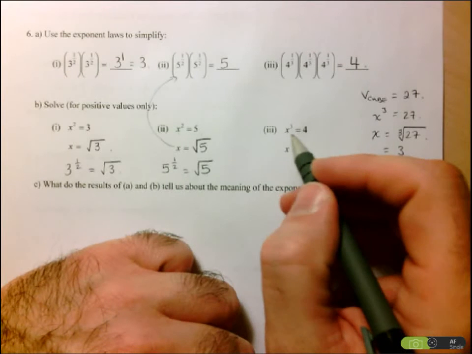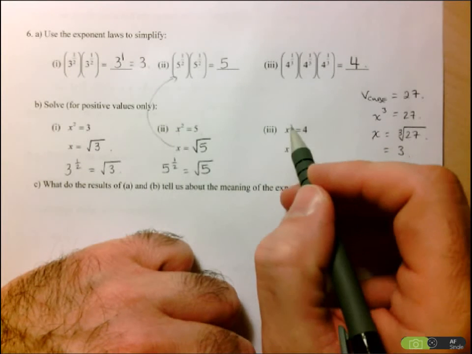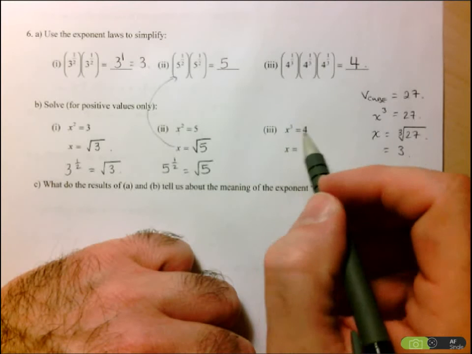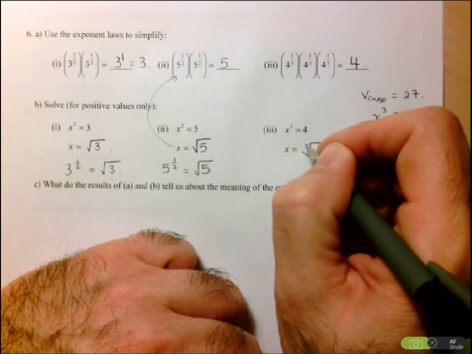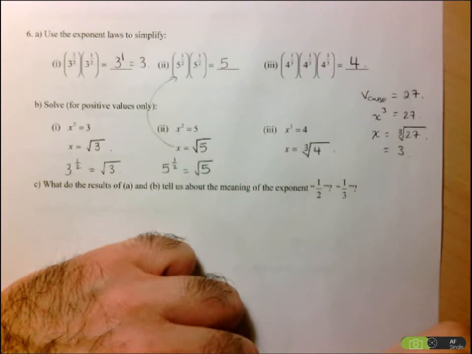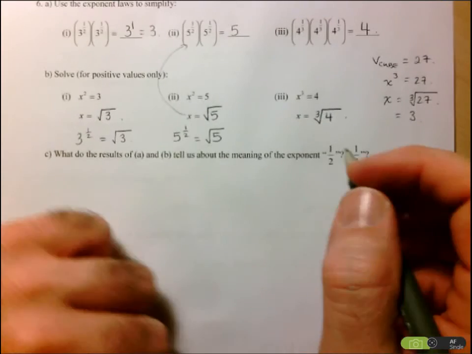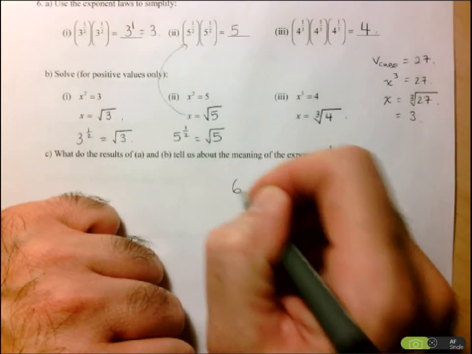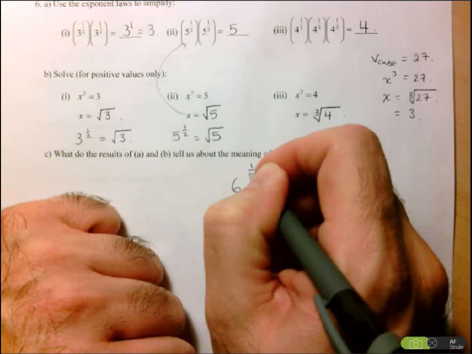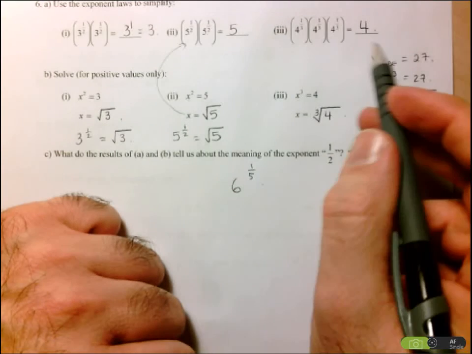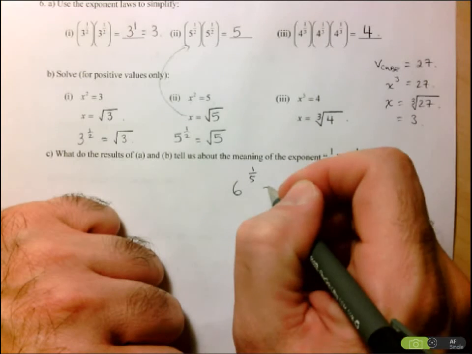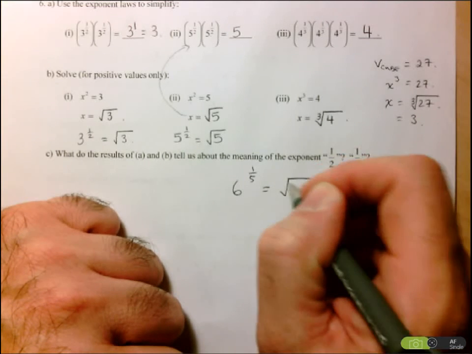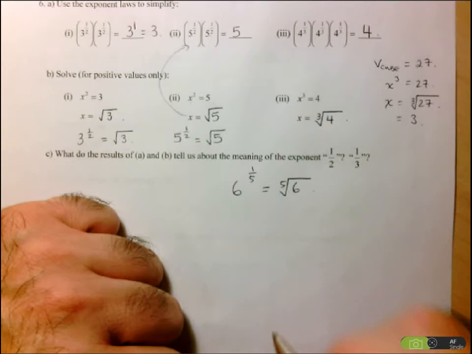So when we solve this equation of a number multiplied by itself 3 times equaling 4, the solution is just the cube root of 4. Now you can take this further. What about 6 to the 1 over 5? If you continue this argument in a very similar fashion, you would find that this must be equal to the 5th root of 6.